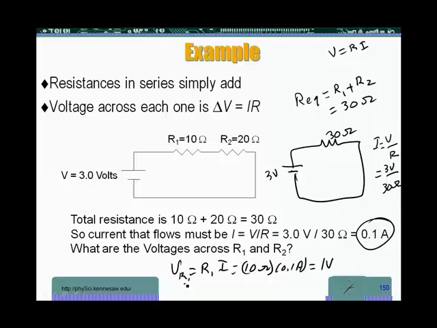I can do the same thing for R2. Voltage across R2 is R2 times I. So in this case, 20 ohm times 0.1 amp, or 2 volts. And you notice 1 volt plus 2 volt is equal to the 3 volts acting due to the battery.